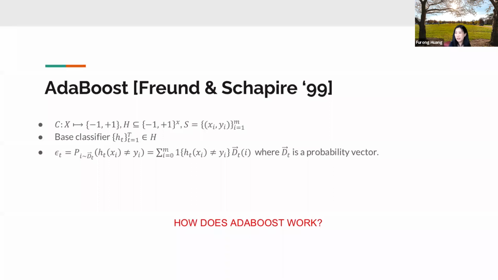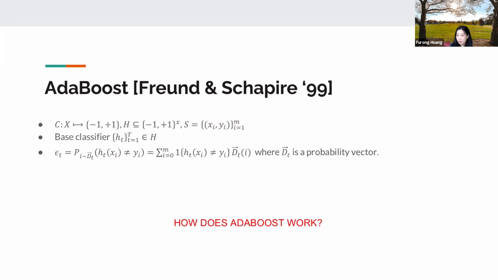So this is actually a very old algorithm. It's from 1999. Maybe some of you were not even born by then. So anyway, you have a concept class C, right, which is a mapping from input space to a binary label, -1, +1.